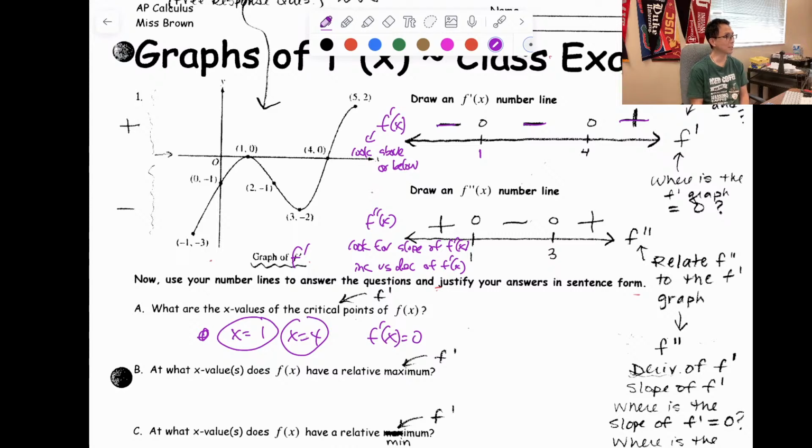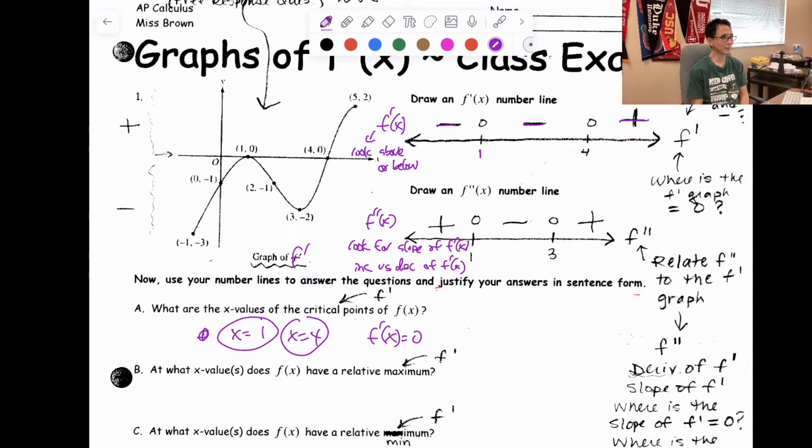Where's the relative maximum? Alan's the only one who has it right. Alan says there isn't any.